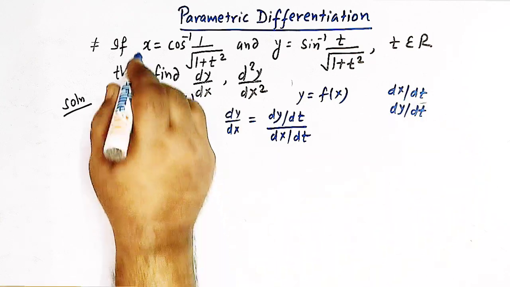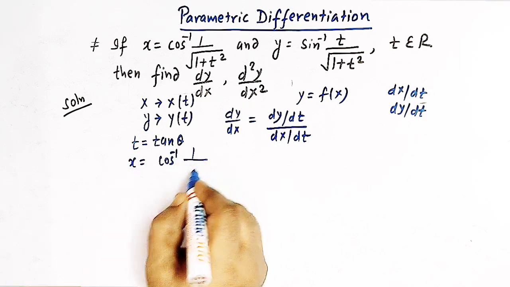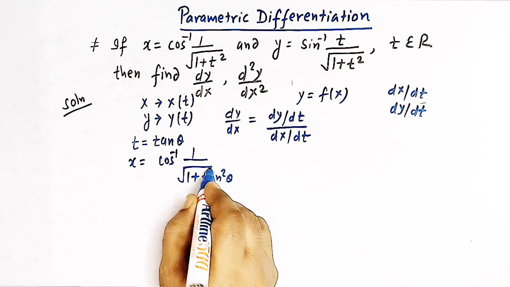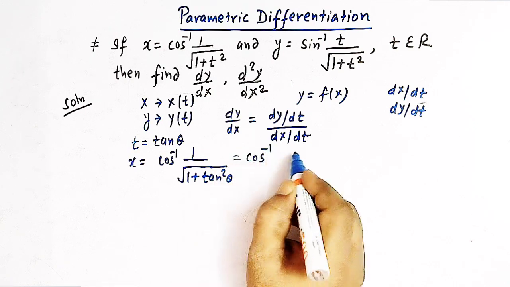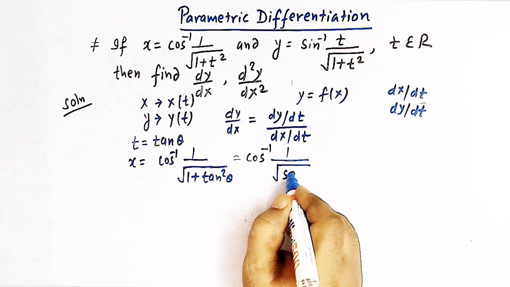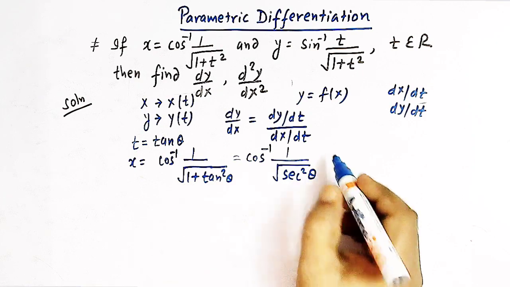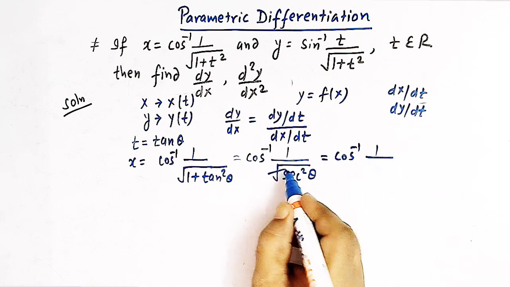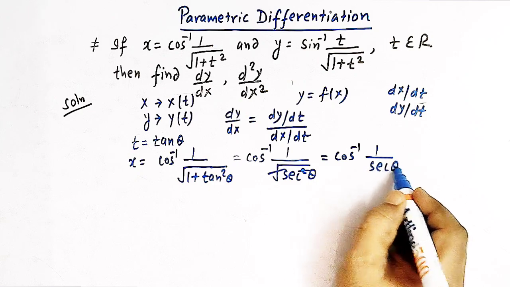When t is tan theta, x is equal to cos inverse 1 over square root of 1 plus tan square theta. From trigonometry, we know that 1 plus tan square theta is equal to secant square theta. So this is cos inverse, and the square root gets cancelled with the square, and we are left with secant theta.